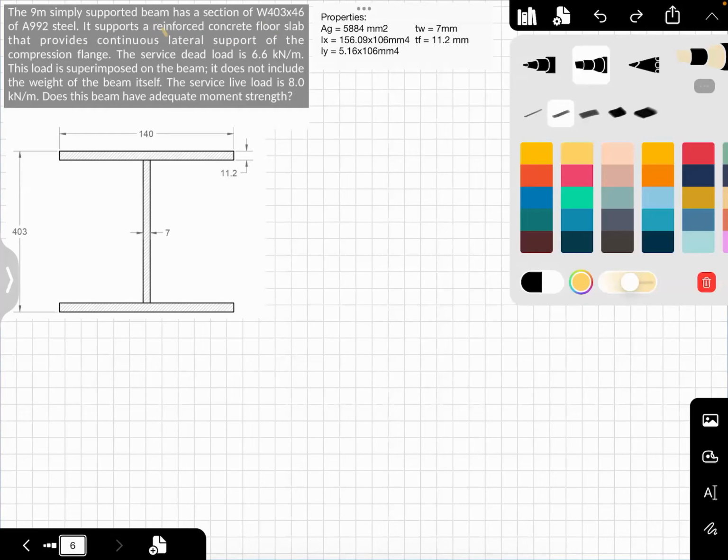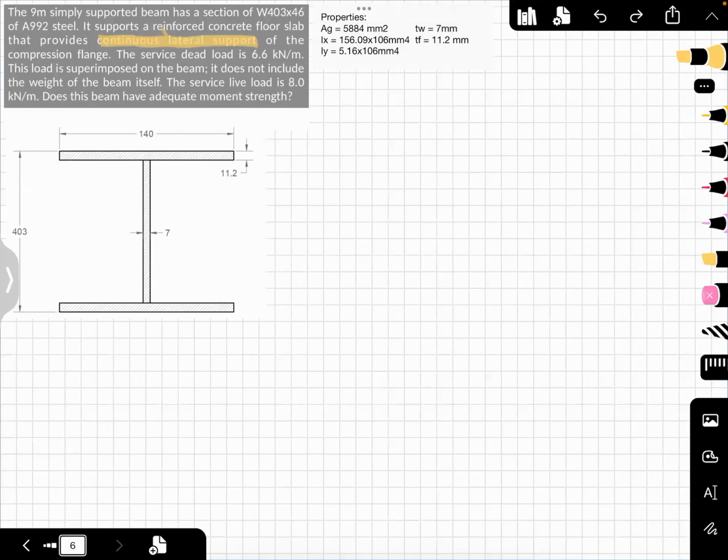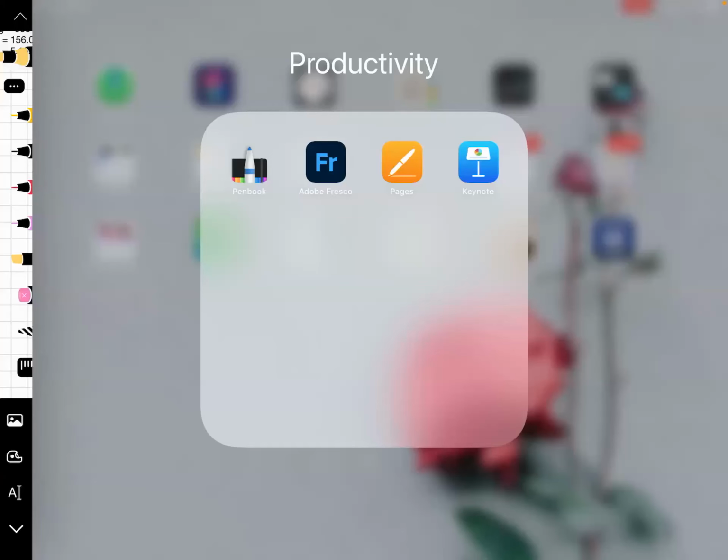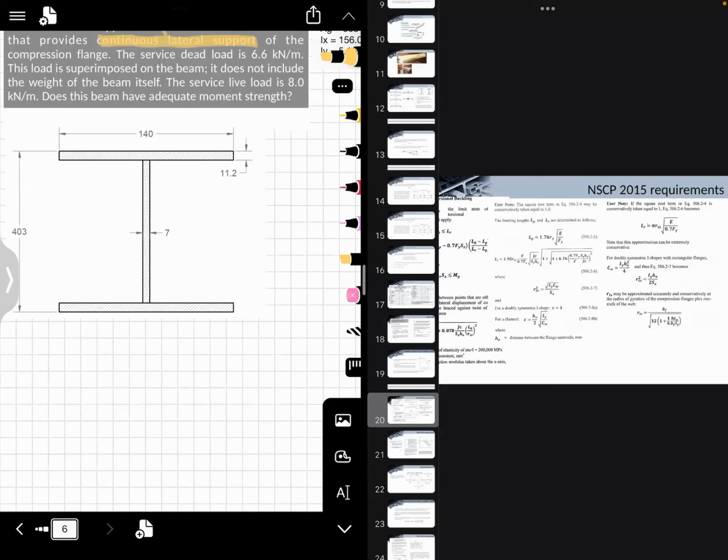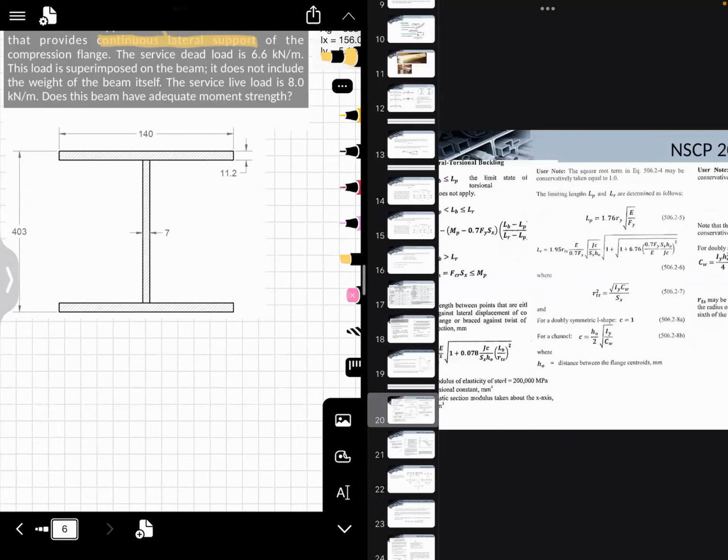So from NSCP 2015 requirement, meron tayong tinatawag na lateral torsional buckling.